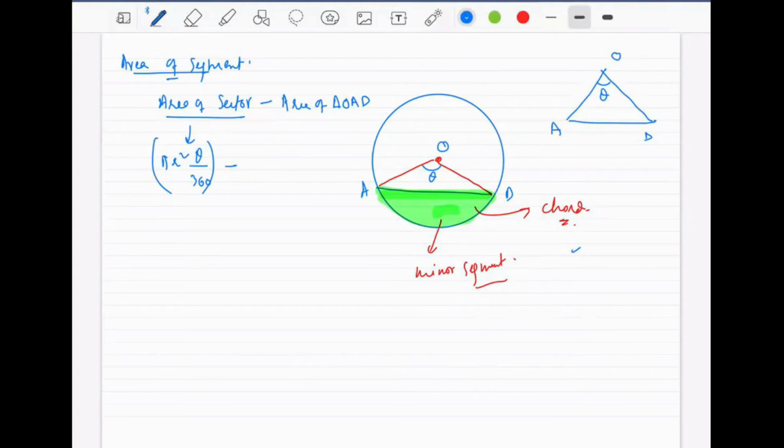So let me draw the perpendicular line with red, and let's name it C. If you look at this triangle portion right here, COD, one angle is 90 degrees, so this is a right angle triangle. What we want is this portion right here, this CD.